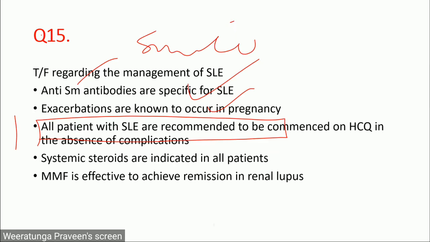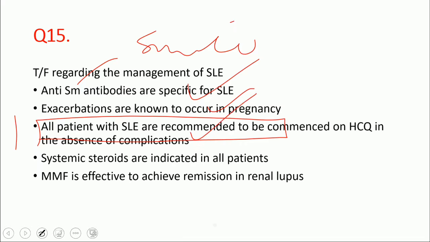Also, we have now realized that when you give hydroxychloroquine in the long term, it reduces the risk of cumulative damage due to the disease. So it reduces the relapse rate, plus it reduces the cumulative damage. So all patients with SLE are recommended to be commenced on HCQ.